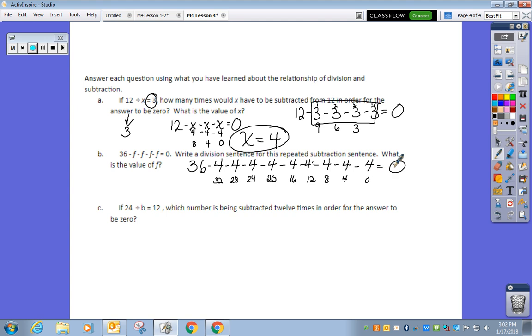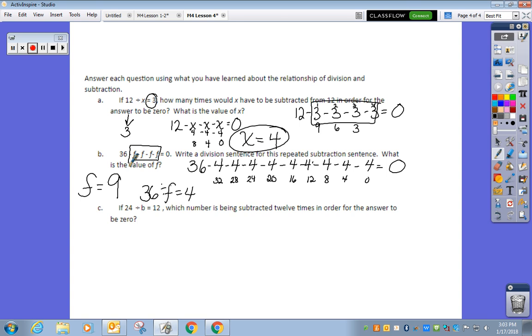So to find the value of f, I can count how many times I subtracted 4. So I've got 1, 2, 3, 4, 5, 6, 7, 8, 9. So the value of f is 9. So I'm saying 36 divided by f is 4, 4 times being subtracted, and f would be equal to 9.